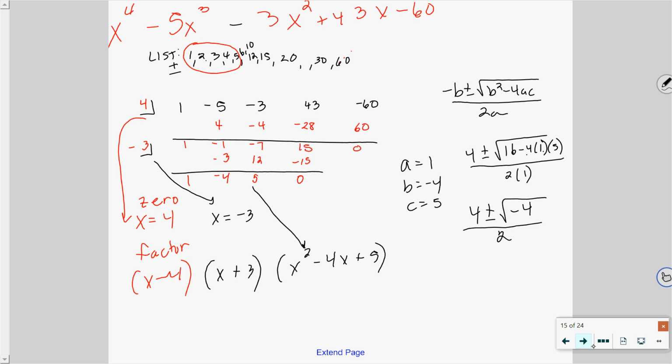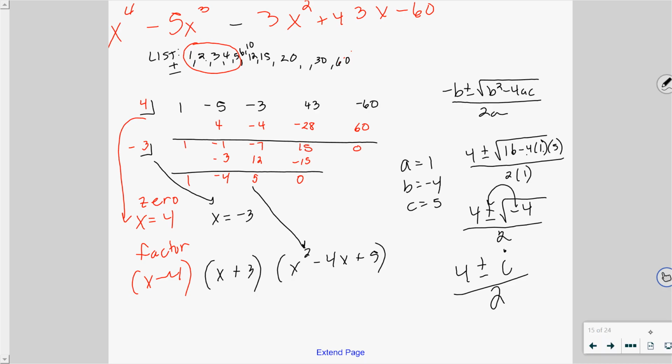Gracie, what do I do with the negative under the radical? What does it become? I take it out and make it a what? I. Graham, what's the square root of 4? 2. Right? So now if I rewrite it just to look prettier, 4 plus or minus 2i over 2.